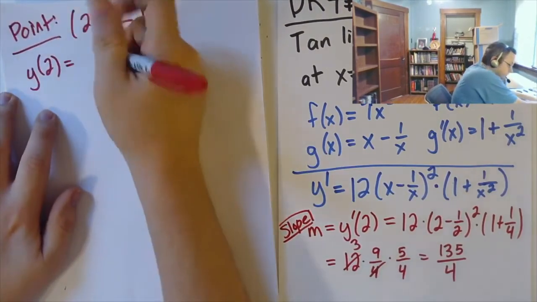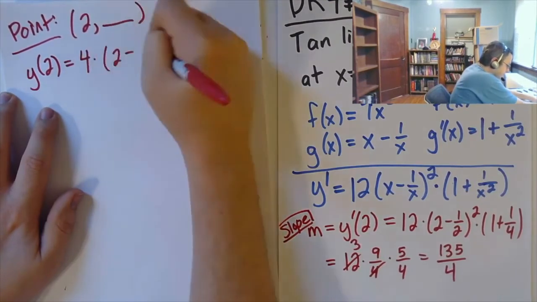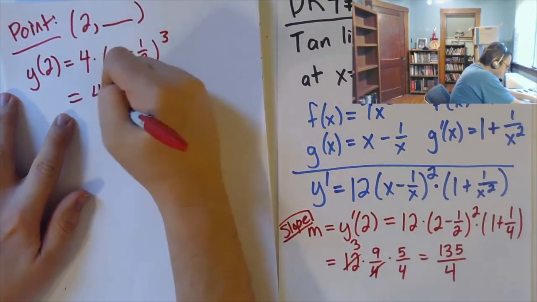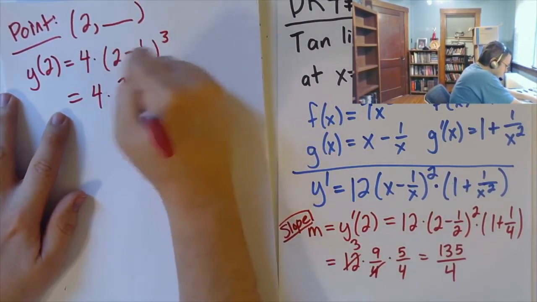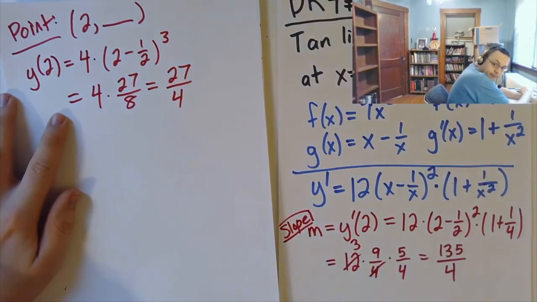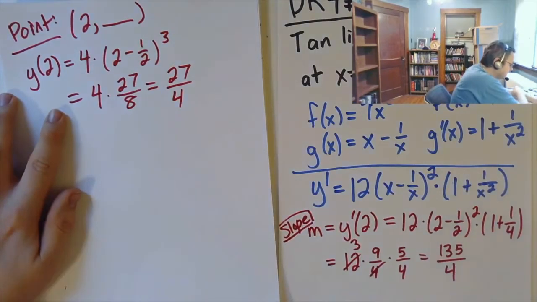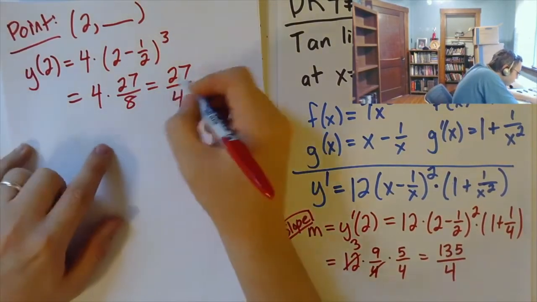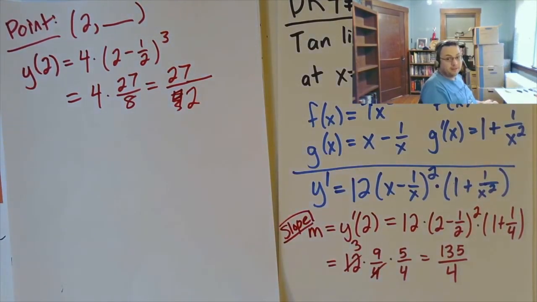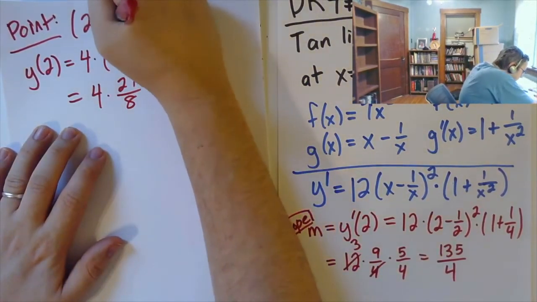So y of 2 is what I get if I put 2 into the original function, which is going to be 4 times (2 minus 1/2) cubed, which is going to be 4 times 27/8, which is going to be 27 over 4, if I did that right. 4 times 3, 27. Okay. And so, sorry, 27 over 2. Apologies. When I multiply 27 over 8 by 4, I get 27 over 2. Okay, and so this is 27 over 2.